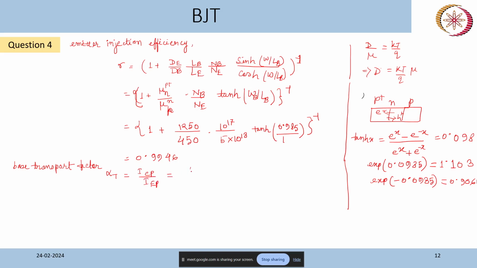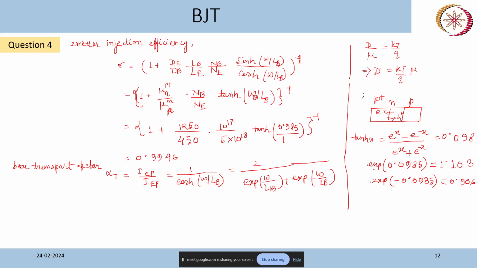And the formula is 1 by cosh of W by LB. Again we can use the expression for cosh.